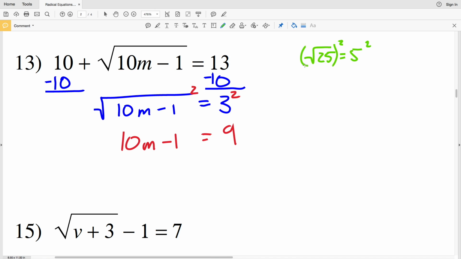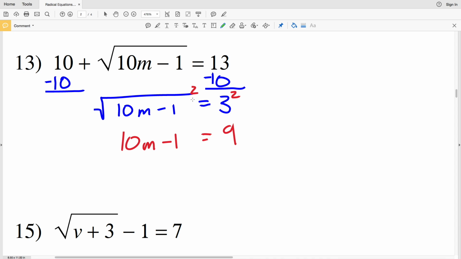When we square this, the square root and the squared will result in just having what's underneath the radical. So that will be 25 equals 5 times 5 is 25. So essentially when you square a radical, you're left with what's underneath that radical, or what's within it.